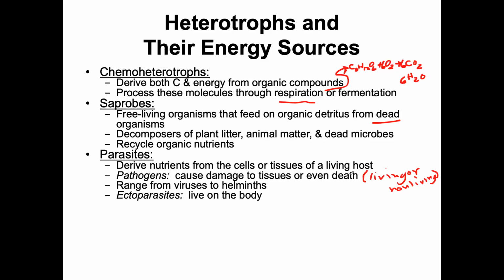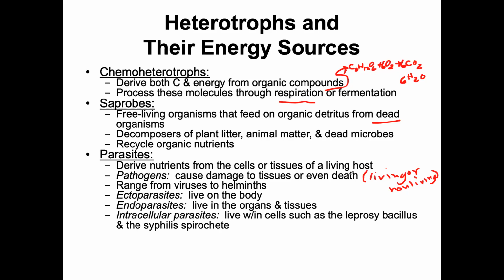Ectoparasites live on the outside of the body. An example of an ectoparasite is a tick. An endoparasite lives in organs and tissues. An example of that would be a tapeworm or a liver fluke. Those are examples of endoparasites.